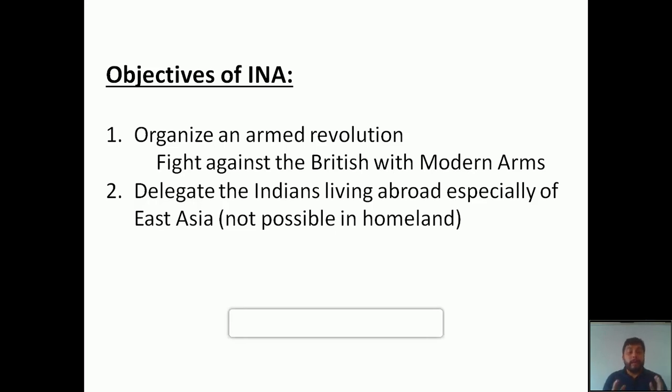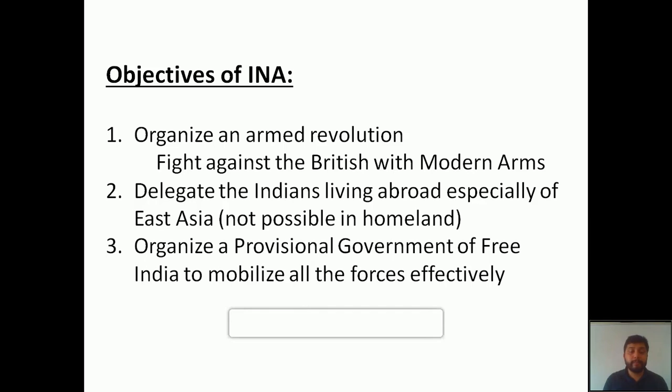So these people were getting a chance to take part in the Indian national movement by taking a membership or through recruitment to the Indian National Army, because it was not possible for those people to fight from their homeland or fight for their homeland.